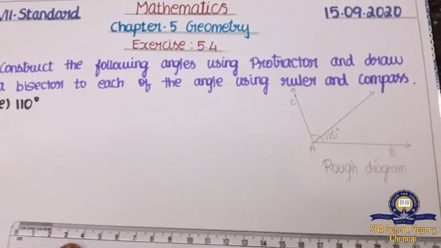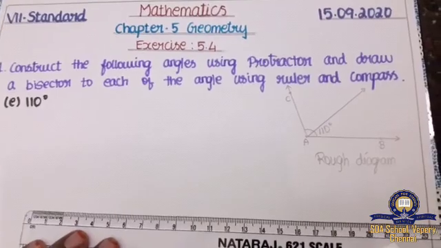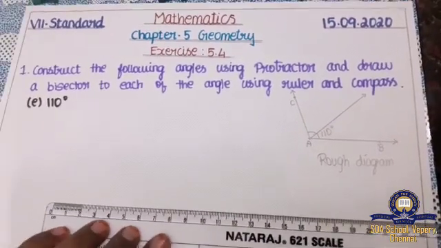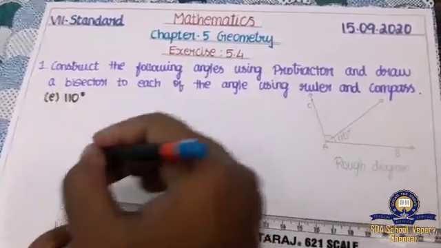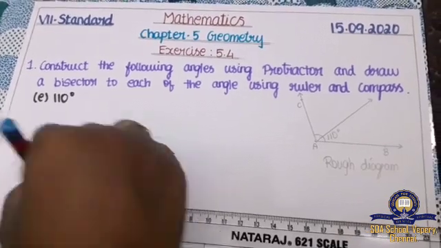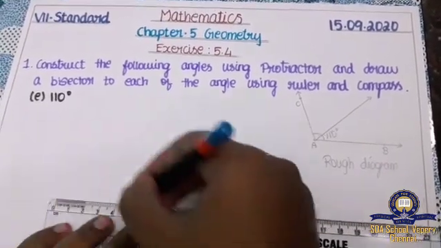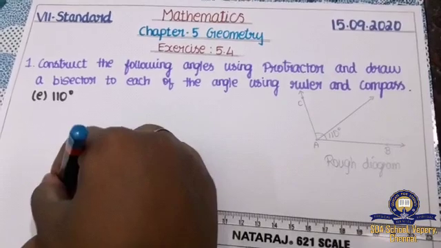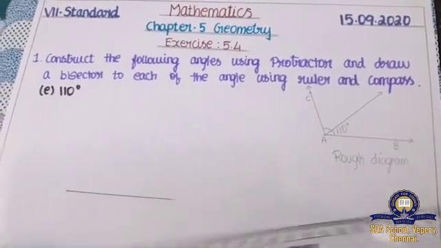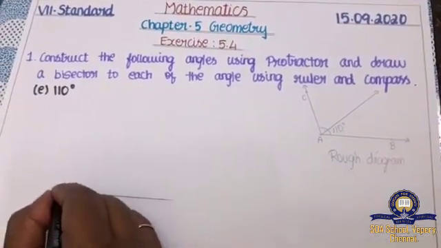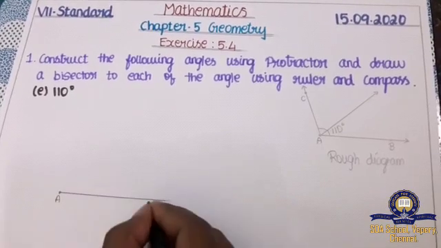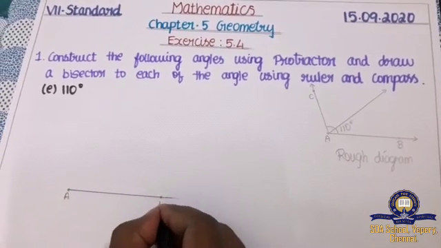So we already say that for angle bisector, we need to draw the line for 7 centimeter. So draw the line for 7 centimeter and mark the one point as A and another point as B.